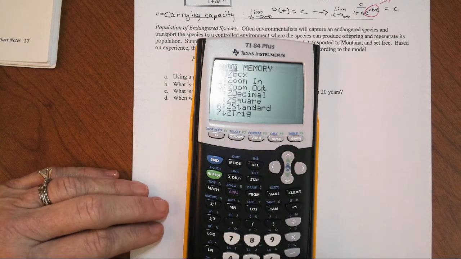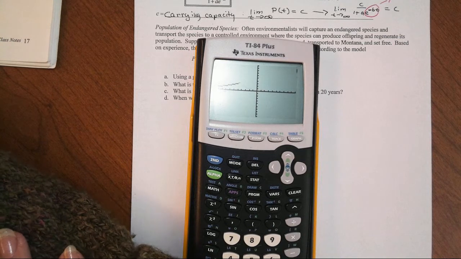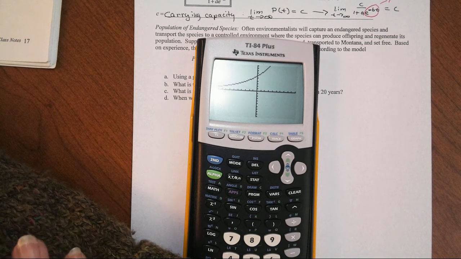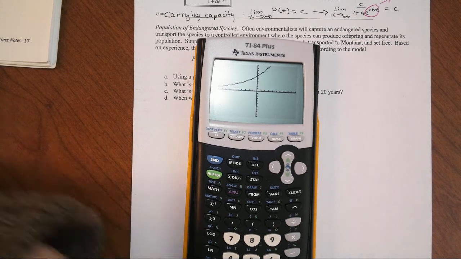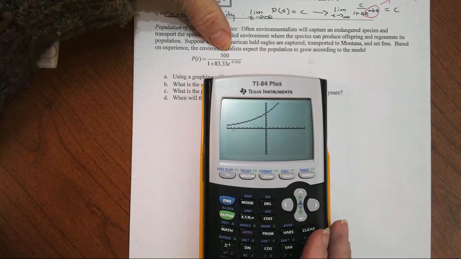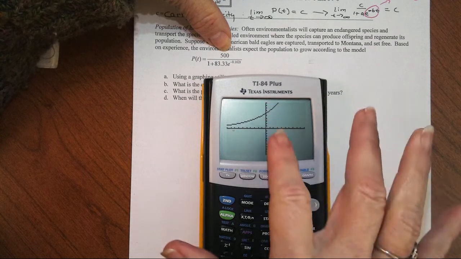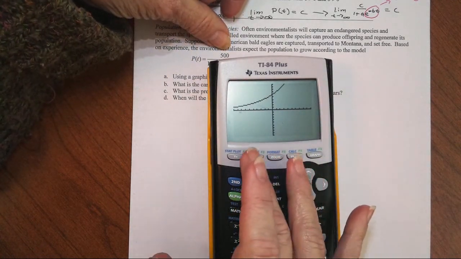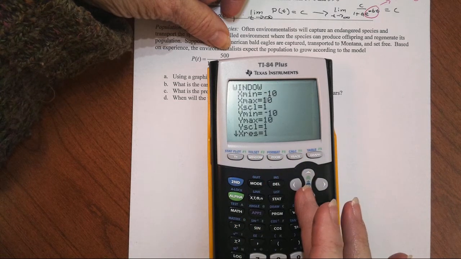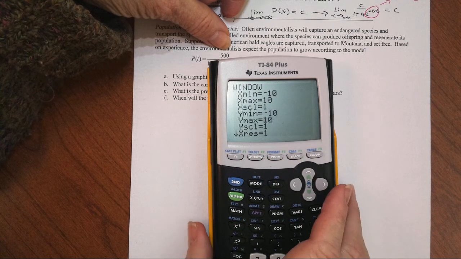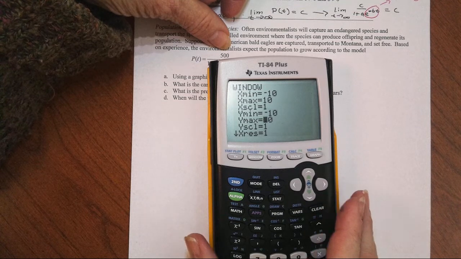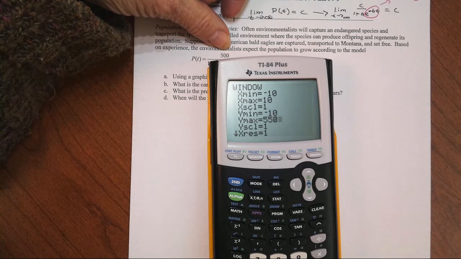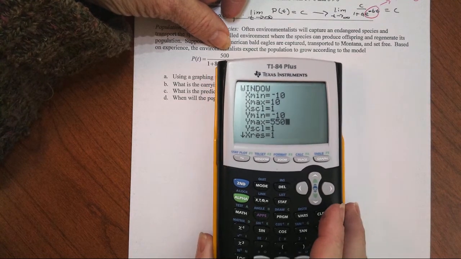Now we'll do zoom 6 to set the window, but we really can't see much. So we know the highest it could be is how much? 500. So we want the y value to be at least 500. So we'll make it maybe 550. So let's do that.